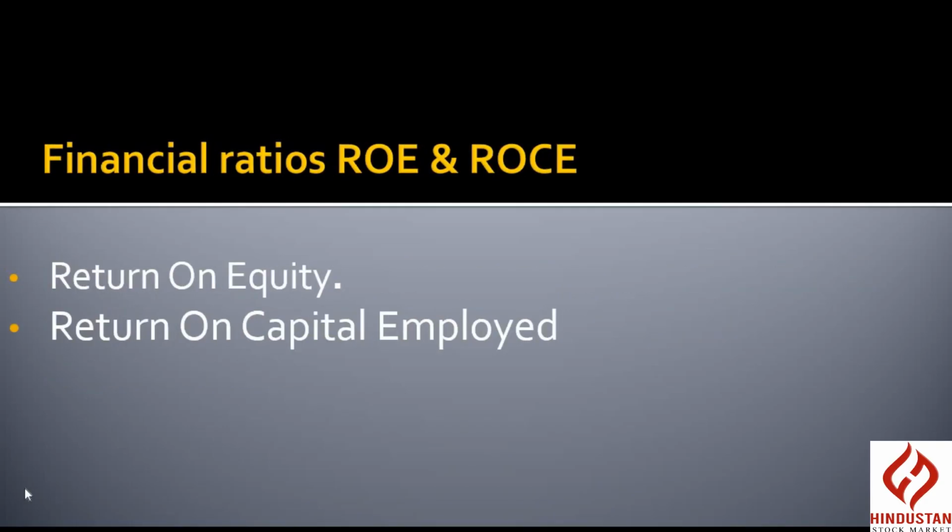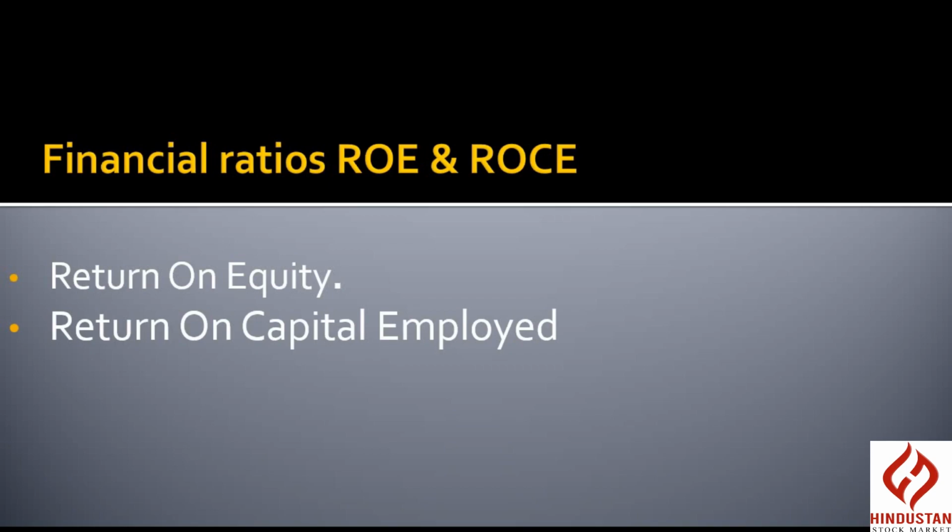Next is financial ratios. See, the management's efficiency can also be judged using a few financial ratios, such as return on equity and return on capital employed. About return on equity, as we have already discussed, it is the percentage expression of a company's net income as it is returned as a value to shareholders, right?